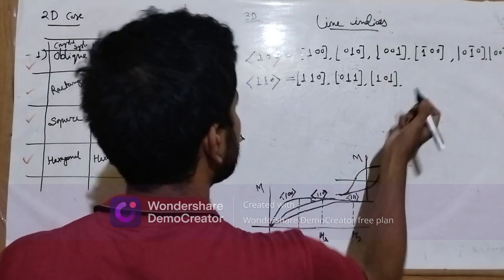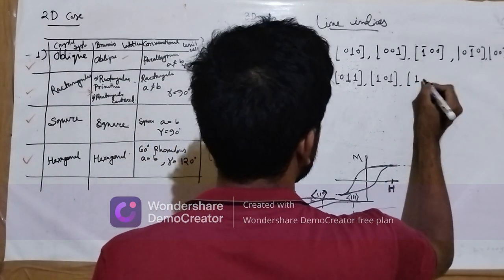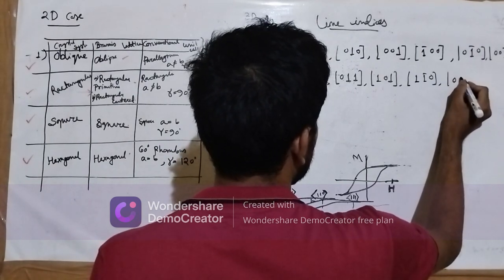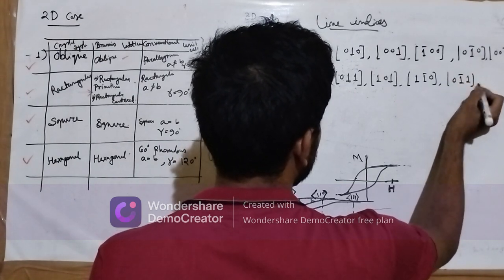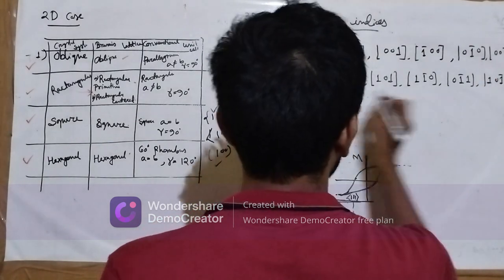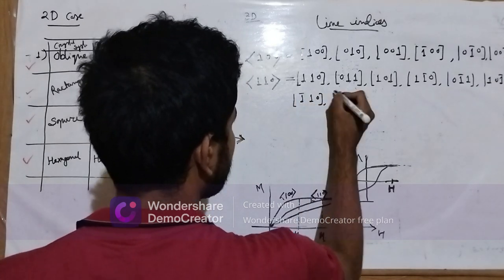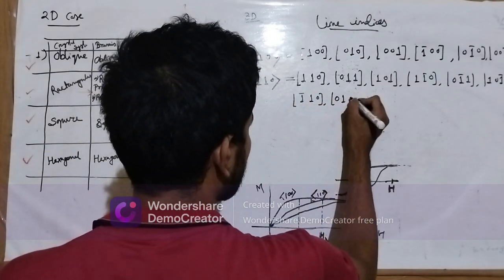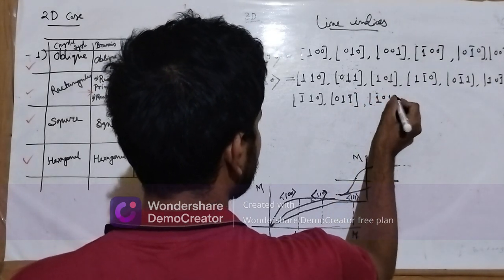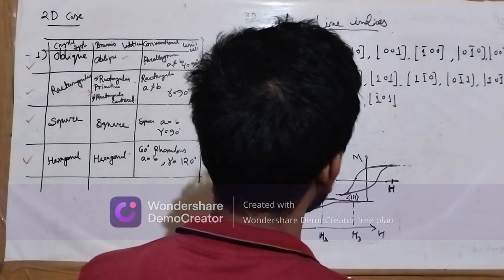Then the others with bars: 1 bar 1 0, 1 1 bar 0, 0 1 bar 1, 0 1 1 bar, 1 0 1 bar, 1 bar 0 1. How many is that? 1 2 3 4 5 6 7 8 9.